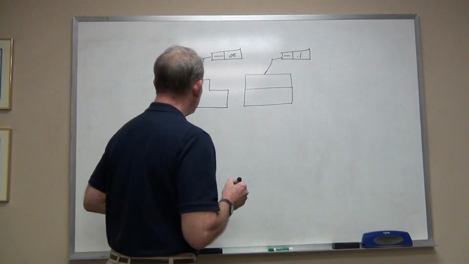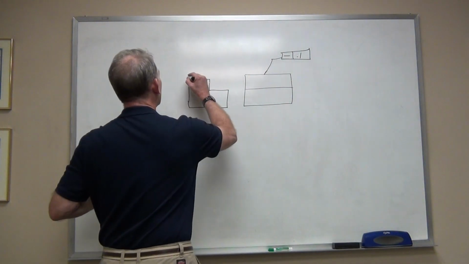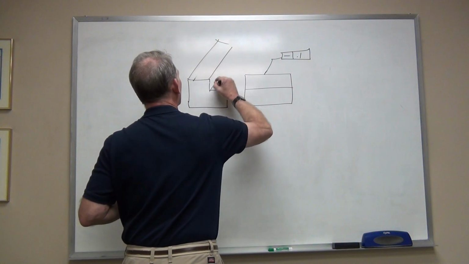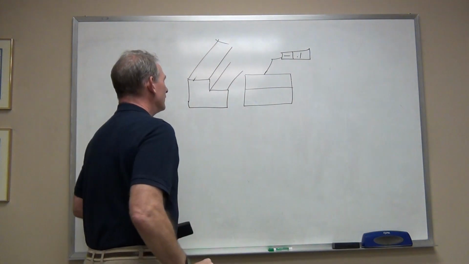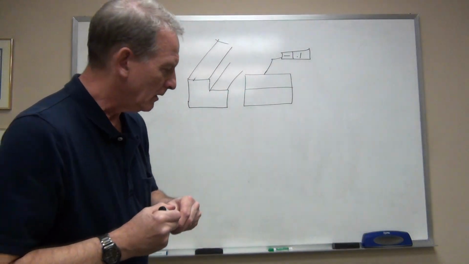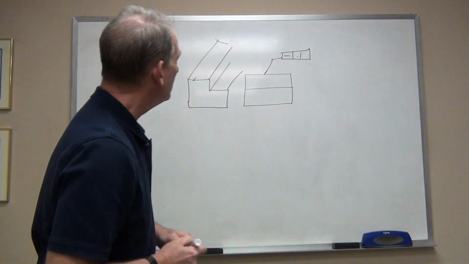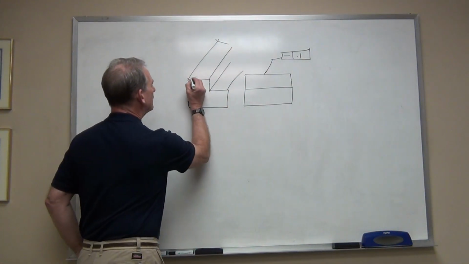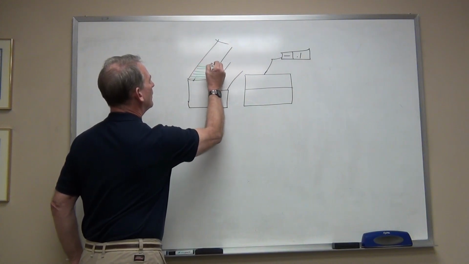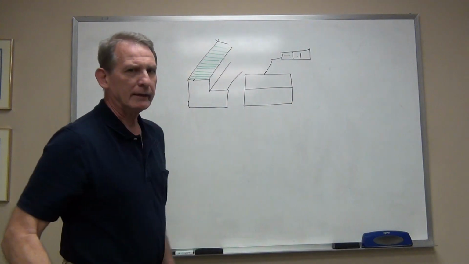So if you visualize this as a surface, sort of as an isometric view, the 50 thousandths requirement applies to the lines that are running in that direction.